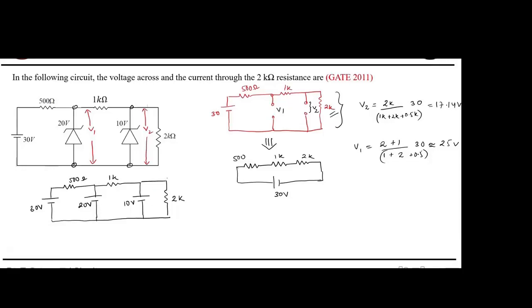What is the voltage across this? The voltage across this is nothing but the voltage across the Zener, 10 volt. So the voltage across 2K is 10 volt. And what about the current through 2K? It will be 10 volt divided by 2K, which is 5 milliampere.